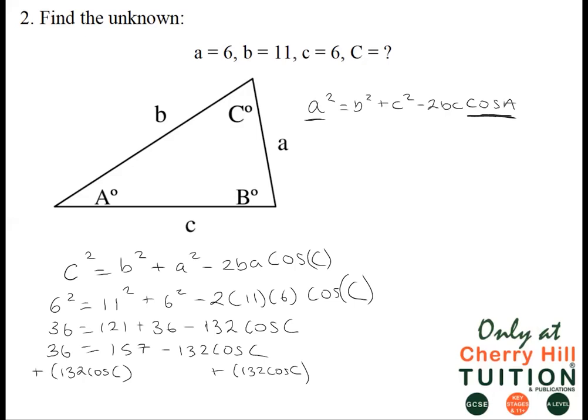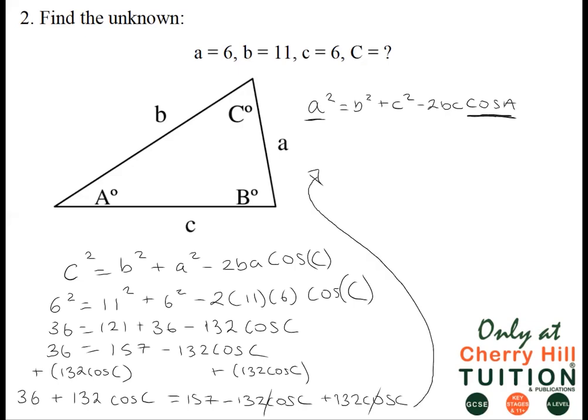This leaves us with 36 plus 132 cos of C is equal to 157 minus 132 cos of C plus 132 cos of C. Now, as you can see on the right-hand side, the 132 cos C both cancel out, and what we are left with, I will write down at the top here.